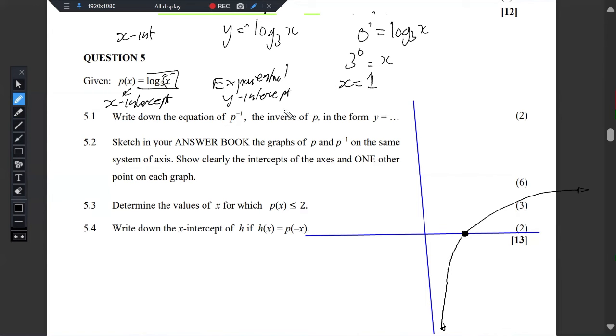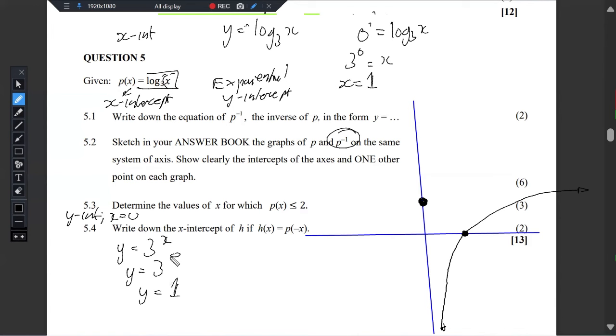Now, when it comes to the inverse, which was your exponential graph, you had y is equal to 3 to the exponent of x. For this, we can calculate the y-intercept by making x 0. So y is equal to 3 to the exponent of 0, so y is equal to 1. So we know that it will have an intercept here, right?